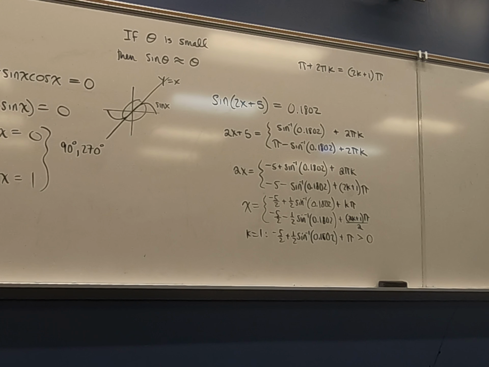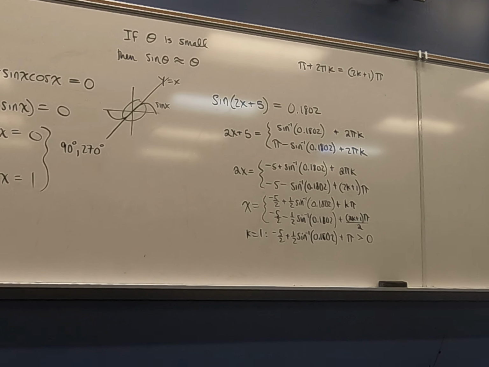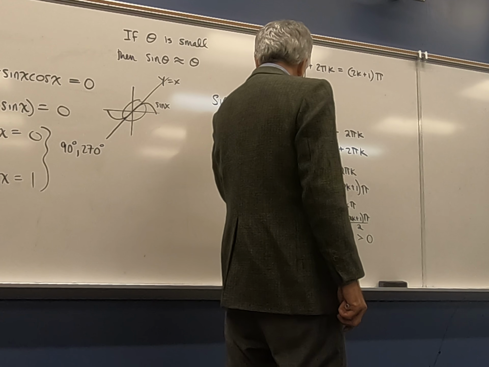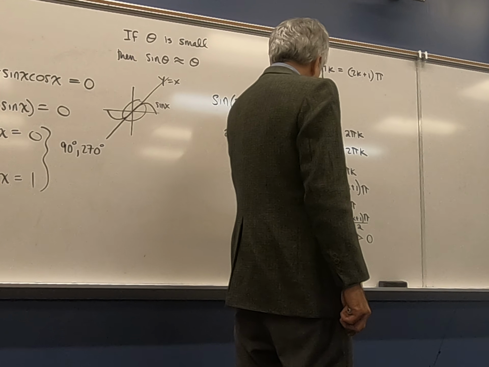What is the sine of 0.1802? It's 0.179, right? That's pretty close, just a little bit less. So with that in mind, I can see that this is going to be pretty close to negative 3.